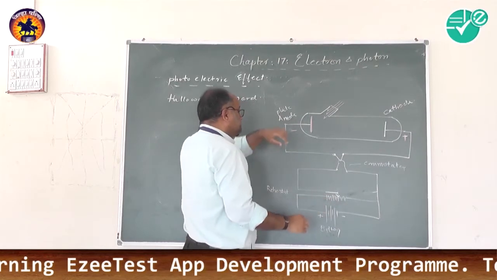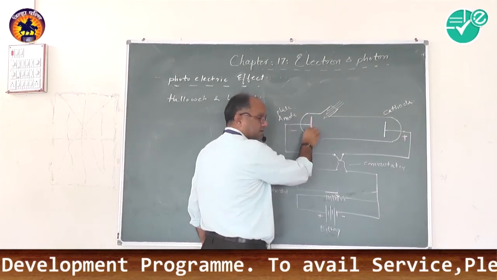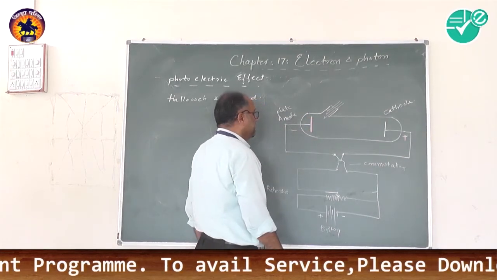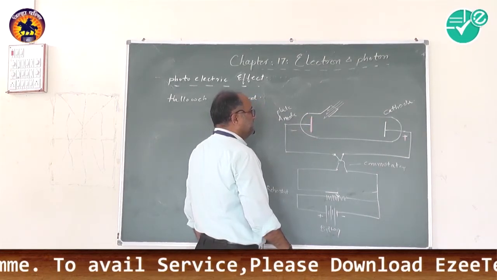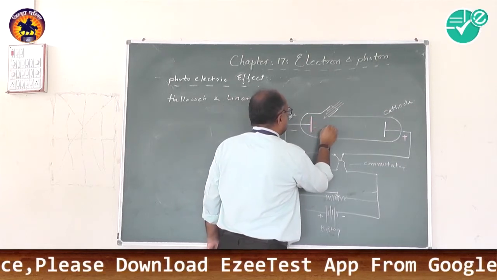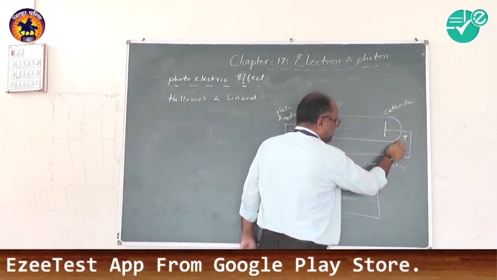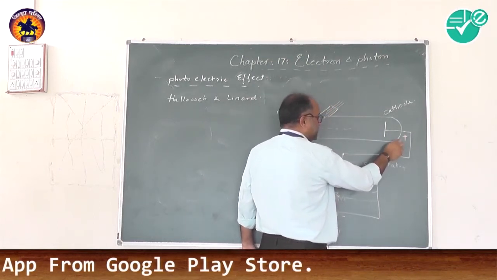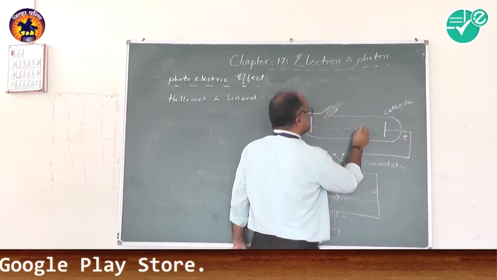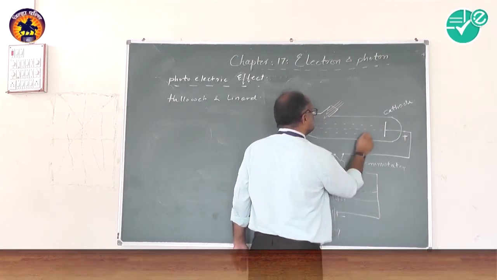When these ultraviolet radiations are incident on this tungsten, zinc, aluminum made cathode, the electrons start to emit from the surface, and due to the high positive potential given to the anode, they start to move towards the anode.